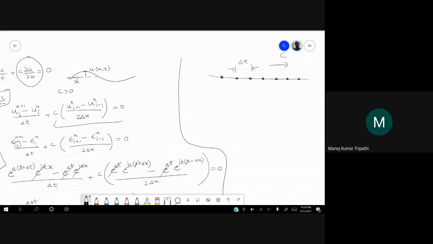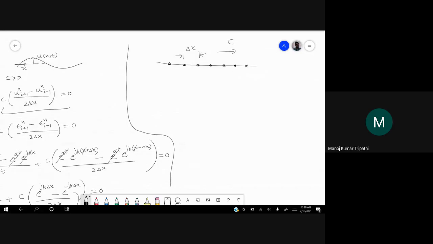If you are at point I, let's say this is I minus 1, this is I plus 1, and you want to calculate the derivative, you write the difference with this point and this point. Don't use the I plus 1th point, which is in the direction of wave velocity. Use the upwind. So this is known as the upwind point.